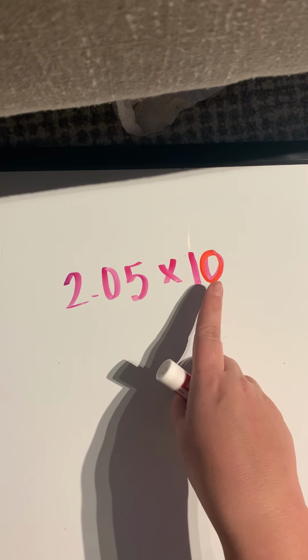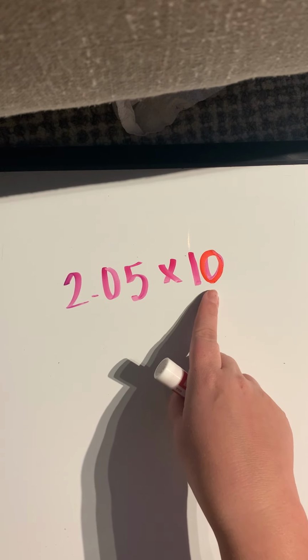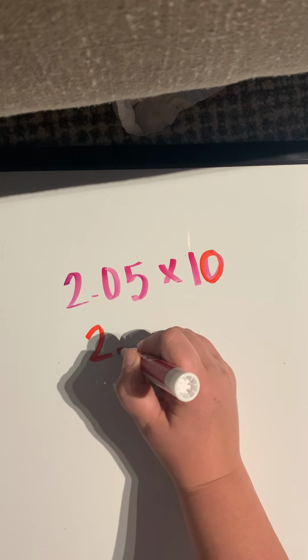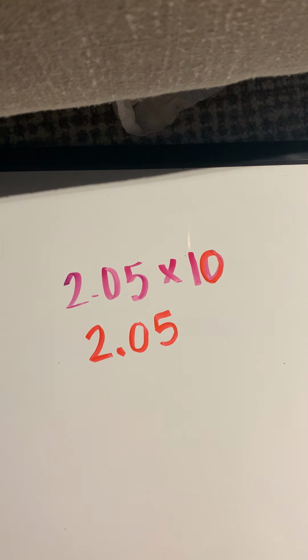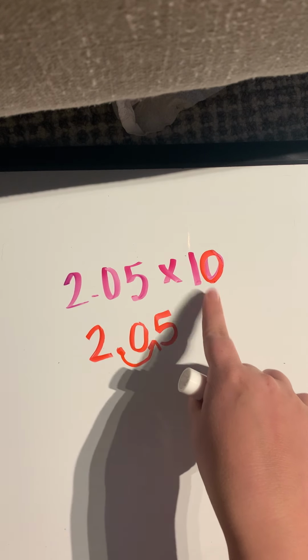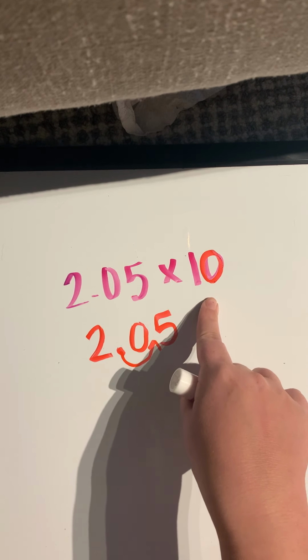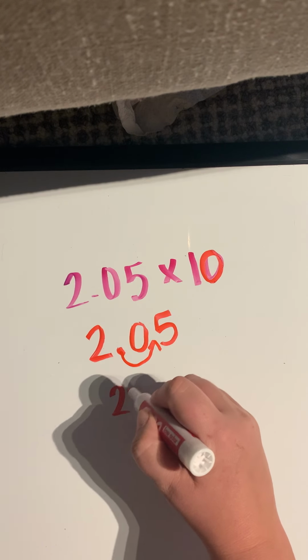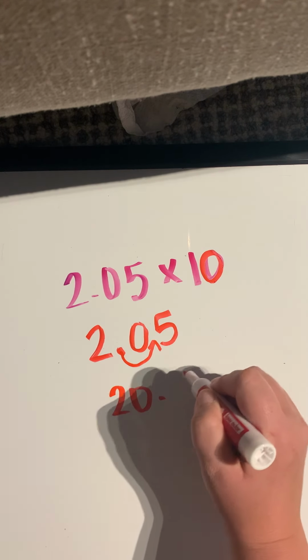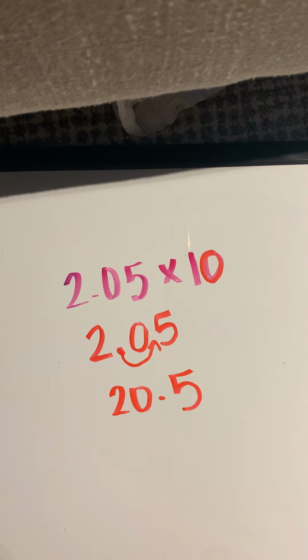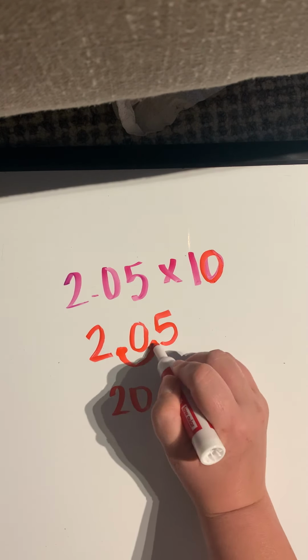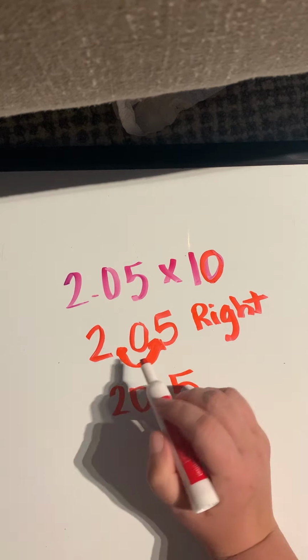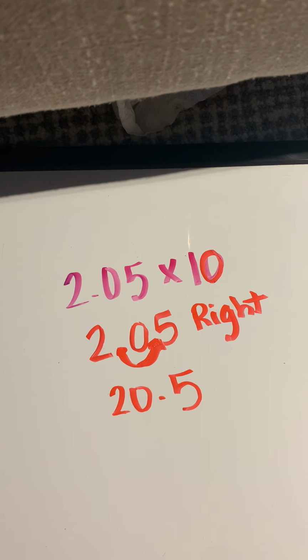Since you have 1 zero in your 10, you are going to take your decimal, 2.05, and move it to the right once because you have 1 zero. So your new number would become 20.5, because this decimal shifted right 1 place.